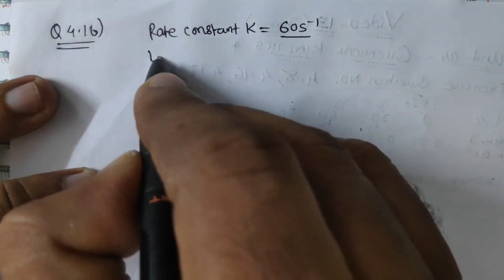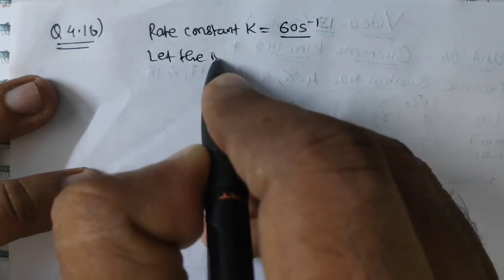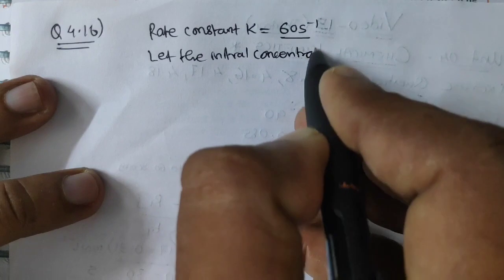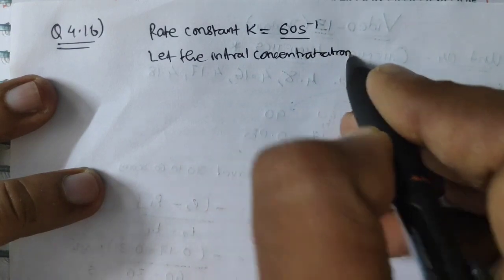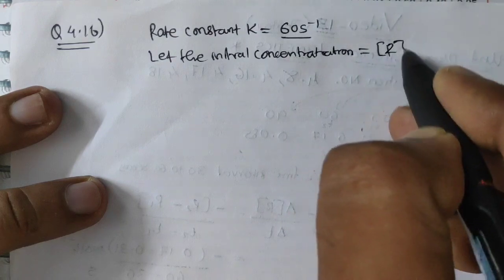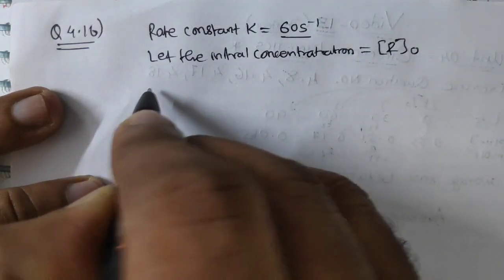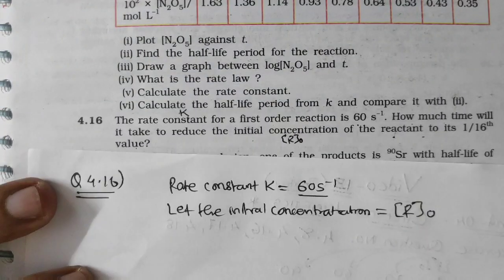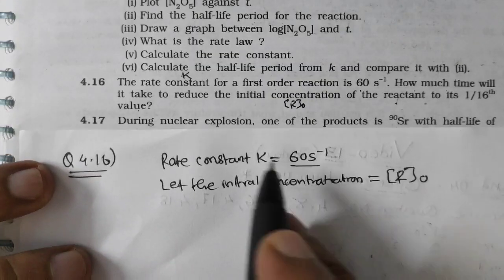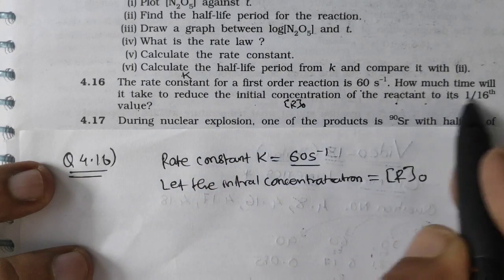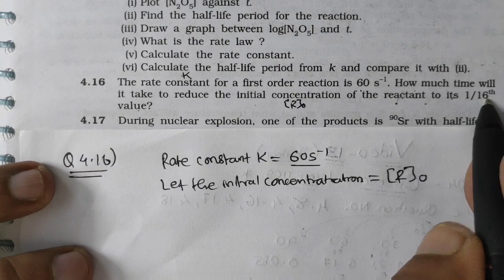Okay, now we will say let the initial concentration be equal to R0, right? In your question, 4.16, what was it? The time taken to reduce the initial concentration of reactant to its 1/16th.